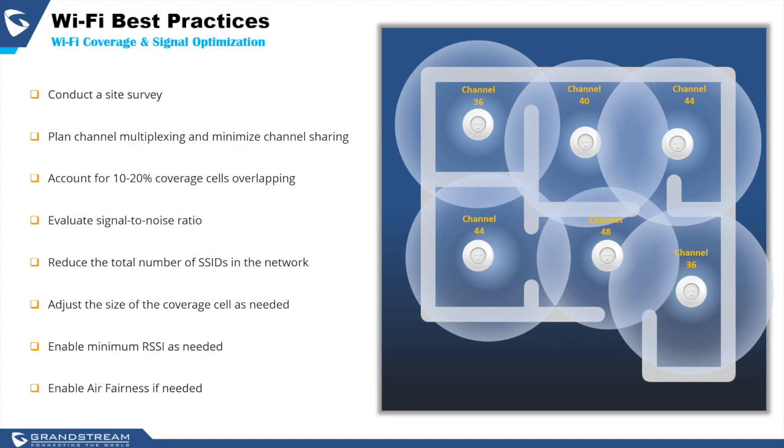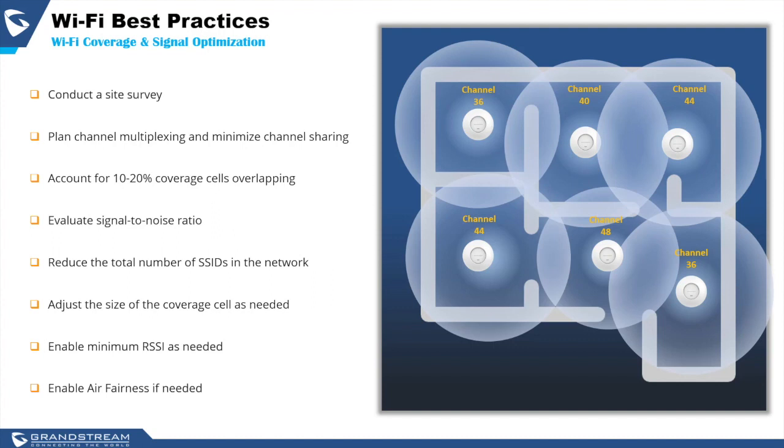Next, we have adjust the size of the coverage cell as needed. If you look at the image, at channel 48, you will see that the size of this channel is smaller because we want it to be smaller than the other ones.